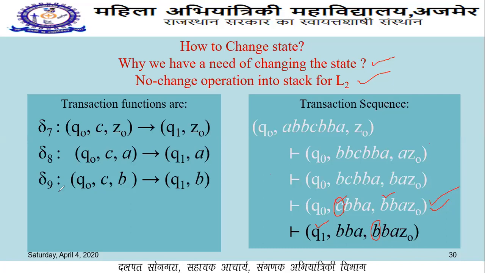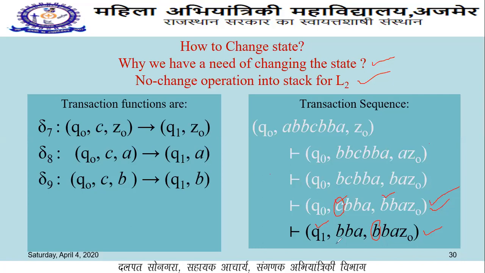Okay, after applying delta 9, we reach the situation where we are at state Q1, the input string is BBA, and the top element of the stack is B, followed by BAZ0.